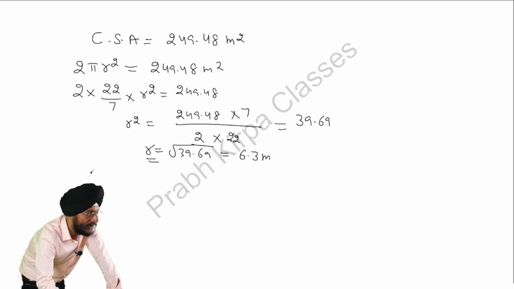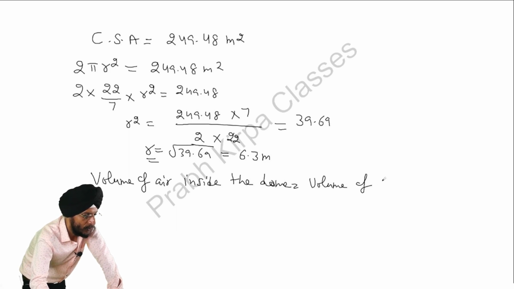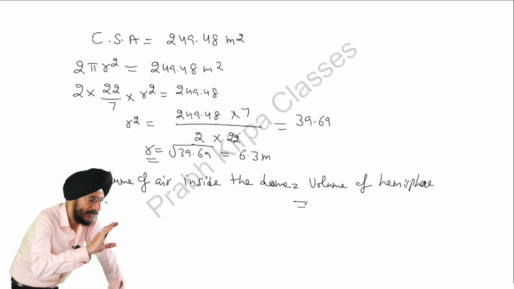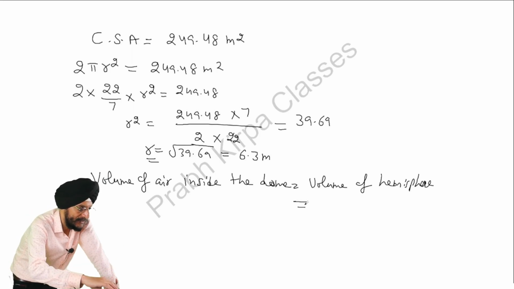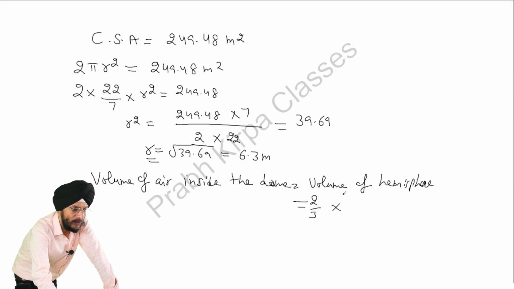So now what we have to calculate? We have to calculate volume of air inside the dome. It is equal to the volume of hemisphere. What is the volume of the hemisphere? Only that amount of volume of air can be present inside the dome. So we will put in the formula for calculation of volume of hemisphere.